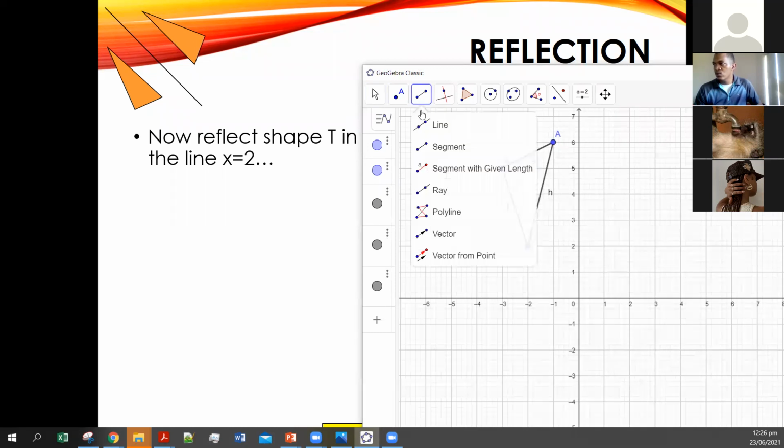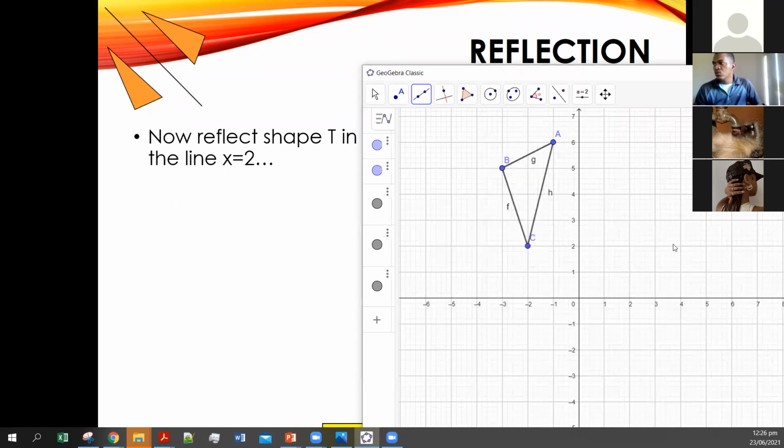So the x equals 2 is where I first want to go. When I am at x, I go to my x-axis, there's the 2, right? So this straight line is my x equals 2 line. That is how x equals 2 looks like.